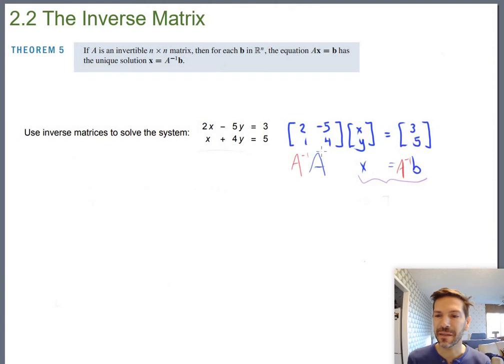If I had taken this system and tried to solve it with row reduction, which would have worked just fine, it would have looked something like [2, -5; 1, 4] with 3, 5 on the end. And assuming the matrix has an inverse, which it does for this problem, I'll just spoil that for you too. Assuming it has an inverse, that means there's a unique solution. Just one solution, which means there's got to be two pivots. Right? No free variables.